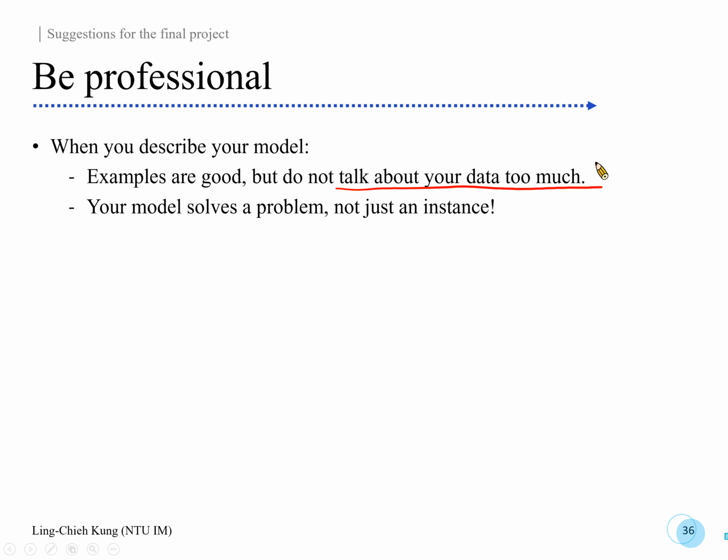That's general. Don't just say, okay, so for day 1, 30 units of products is going to be produced, and then blah, blah, blah. So don't talk too much about your data. You may do some parts to do examples, but don't do too much. Okay, don't do too much.